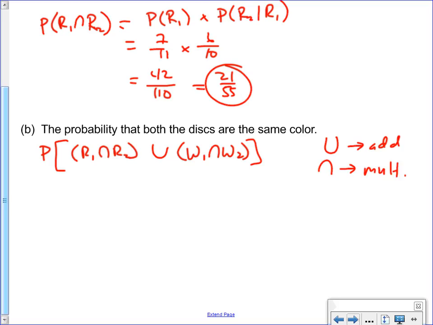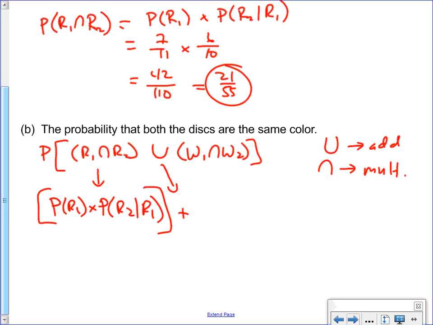Okay, so this would be P(R1) times P(R2 given R1), right? And then union would be add, and then P(W1) times P(W2 given W1), like so.